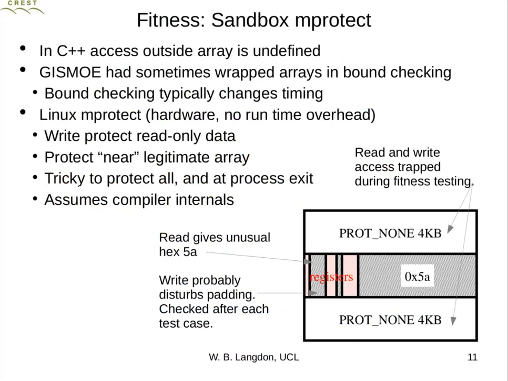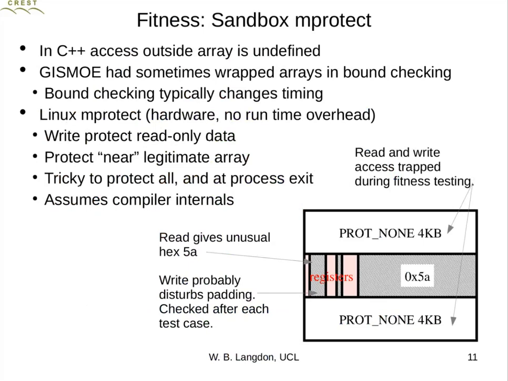One of the things in C++ is that access outside arrays is undefined. If you're lucky, and the mutant accesses data that it shouldn't, then you'll get a segmentation error. What we're using here is mprotect, which is a hardware solution that imposes no overhead.